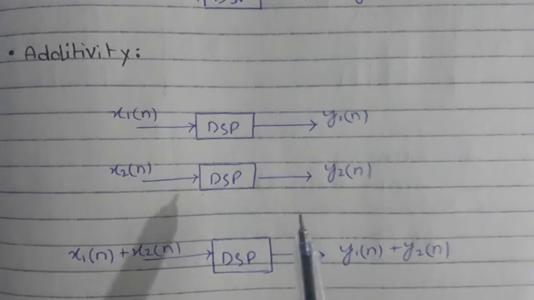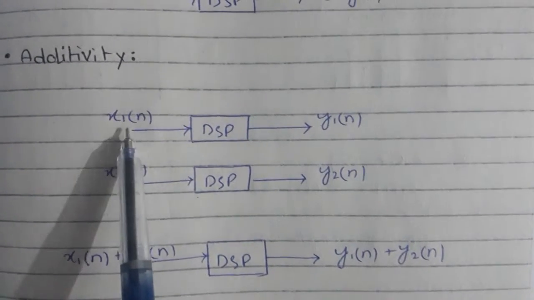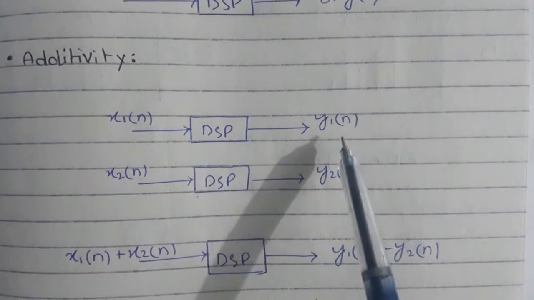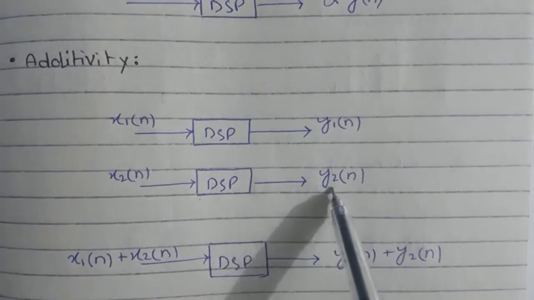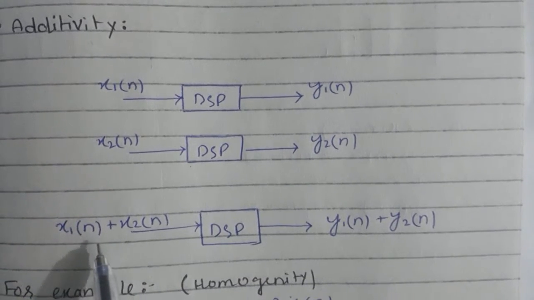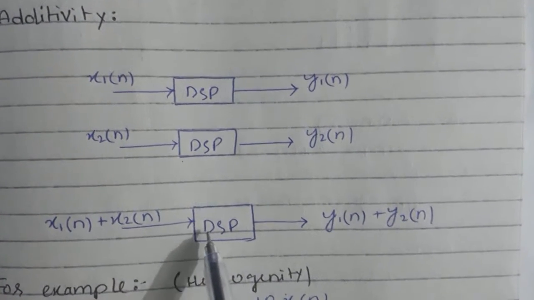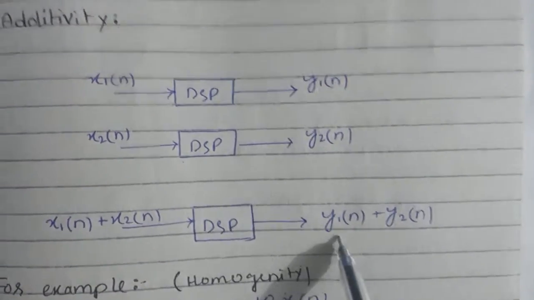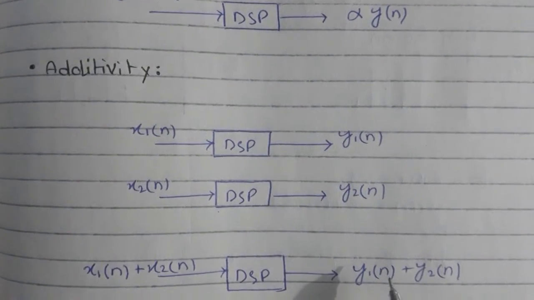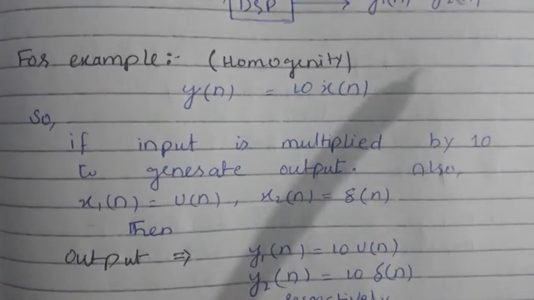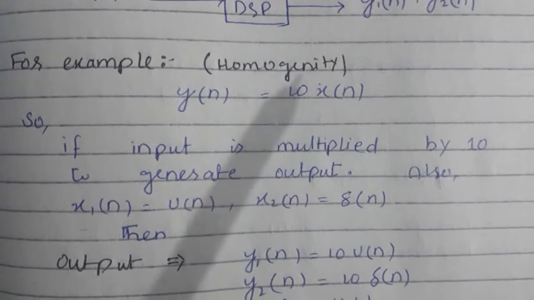Suppose we have two signals x1 of n and x2 of n, with outputs y1 of n and y2 of n respectively. When we combine these two signals and pass them through a system, and we get the combination of these two outputs, then it is additivity.